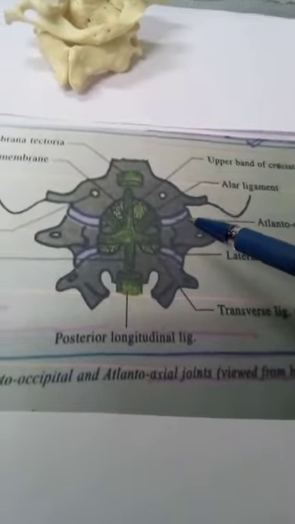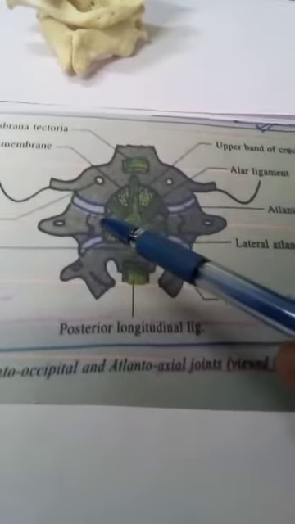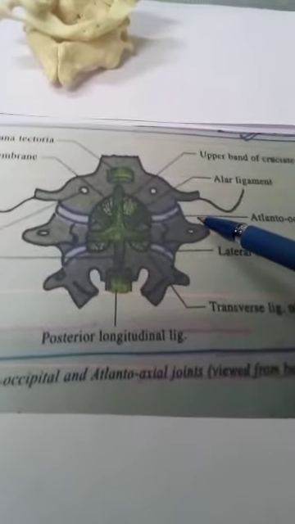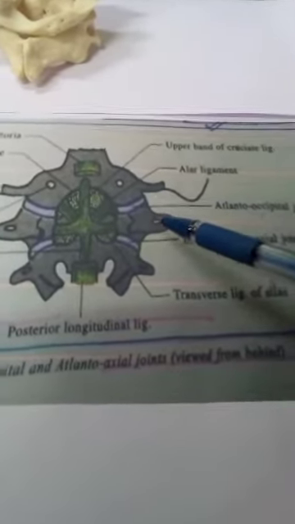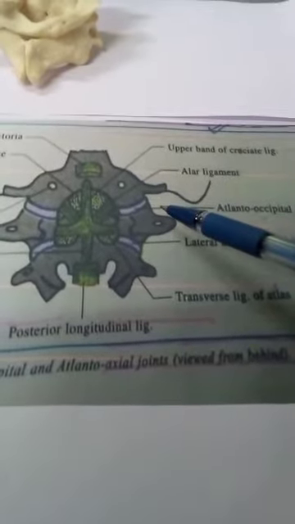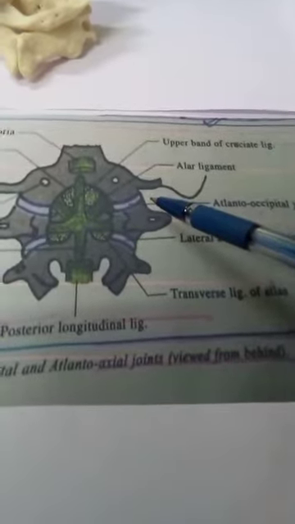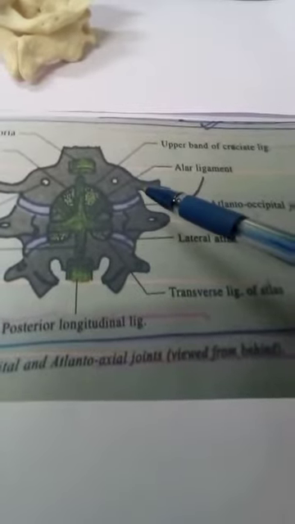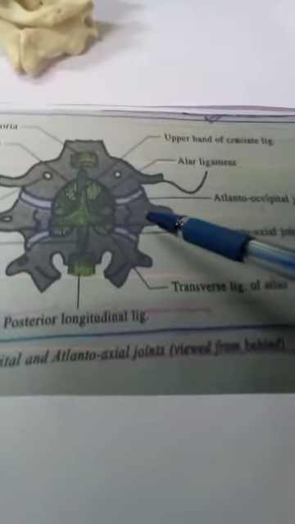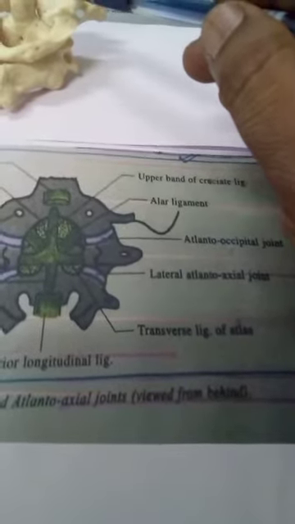What is the type of the atlanto-occipital joint? Atlanto-occipital joints are a pair of ellipsoid type of synovial joints. Each joint is formed by articulation between the occipital condyle present on either side of the foramen magnum of occipital bone lying superiorly and the facet on the superior surface of the lateral mass of the atlas lying inferiorly.